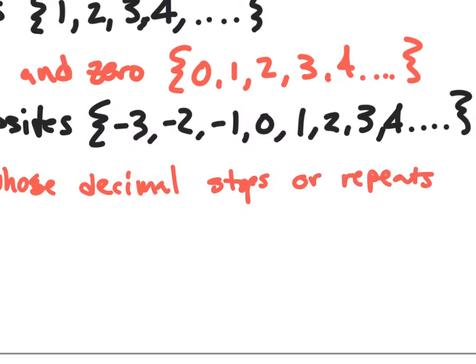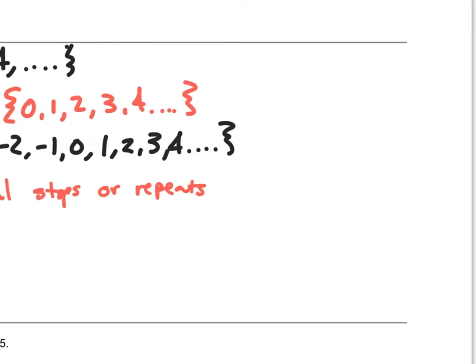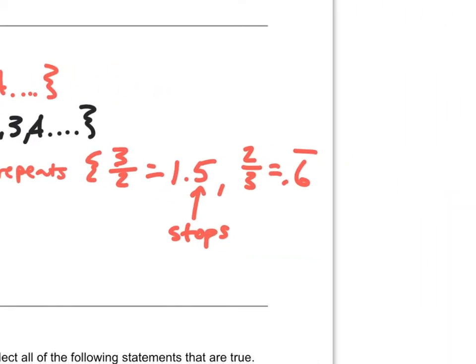There are quite a few numbers in the rational number system. An example would be 3/2. 3/2 as a decimal is 1.5, and this stops. If you had, say, 2/3, that's 0.6 repeating. That keeps going on and on, so that's a repeating decimal.